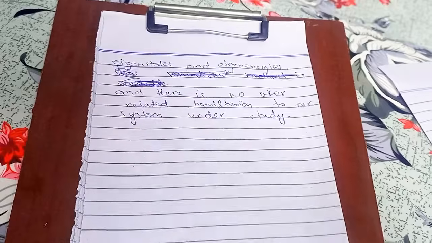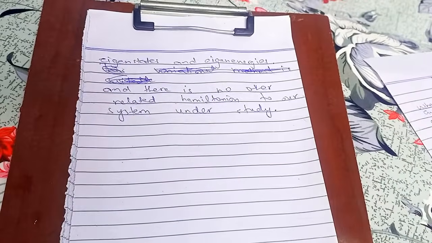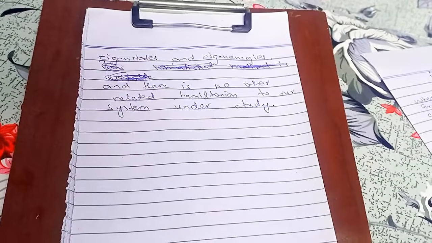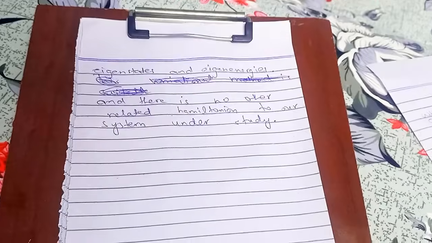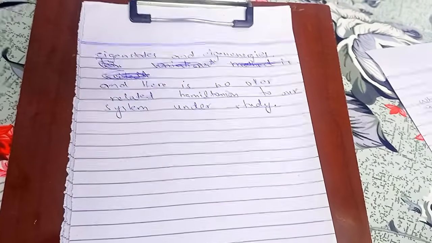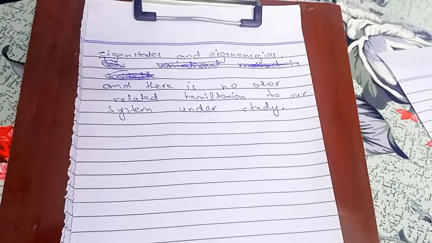I just want to make you familiar with these phrases and how they make sense. And if these phrases start to make sense in your mind, then you can use them while writing the exam, and it will improve the quality of your writing.